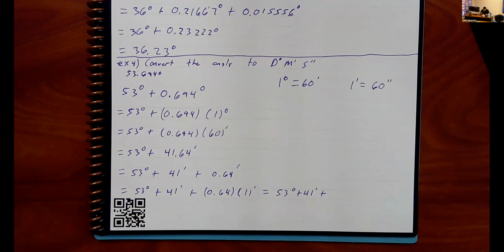So 0.64 times 60 seconds. That's going to be 53 degrees plus 41 minutes plus 38.4 seconds.